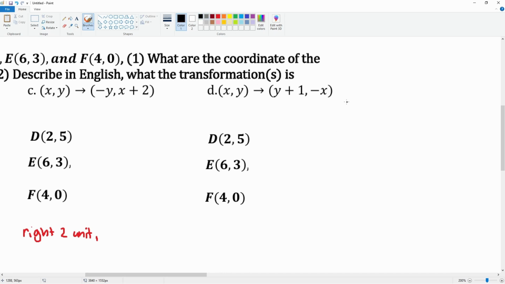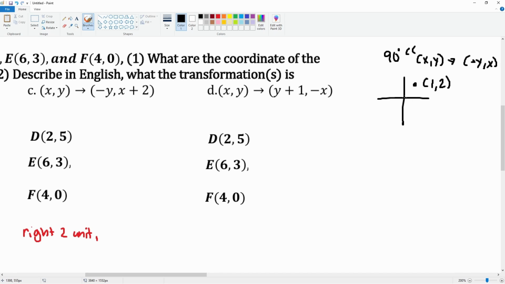So hold on, let me write my rules of rotation. For 90, (x, y) becomes (y, negative x). Oh yeah, it swaps on a 90 clockwise, right? Okay, here, let's see, hold on. Let's say this is (1, 2).